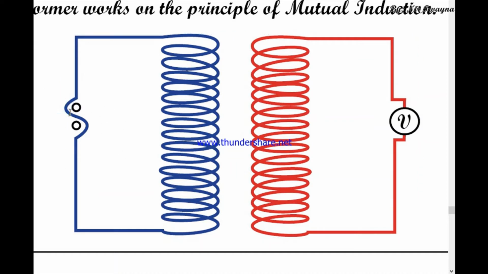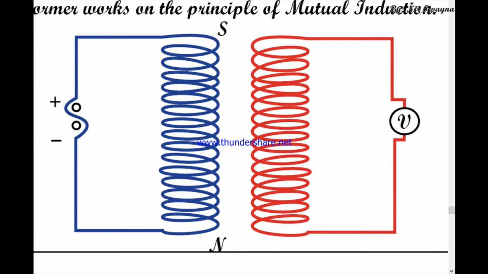Let's say at first this terminal acts as plus and this terminal acts as minus. Then, by transmission of current, this side of the magnet becomes the north pole, and this side becomes the south pole, isn't it?